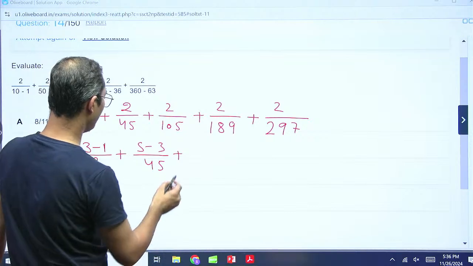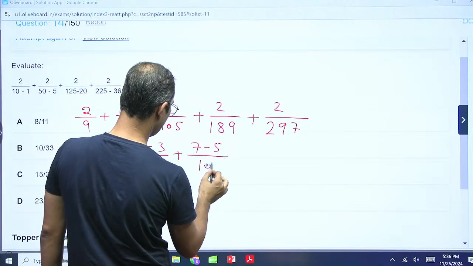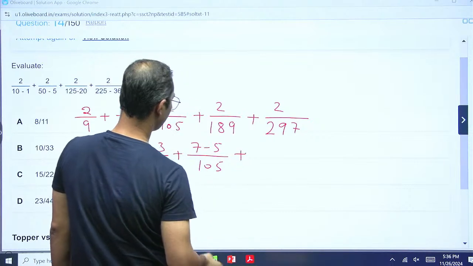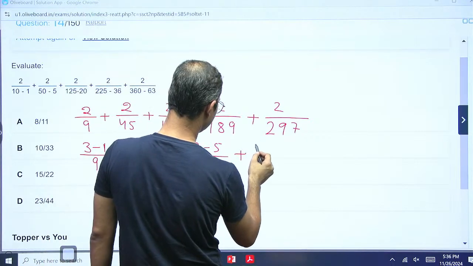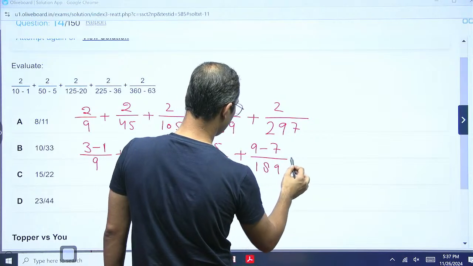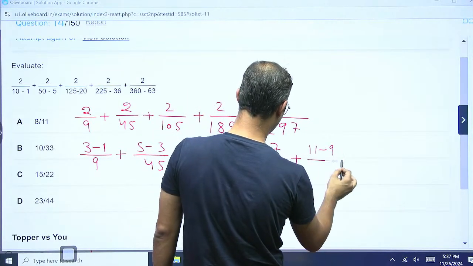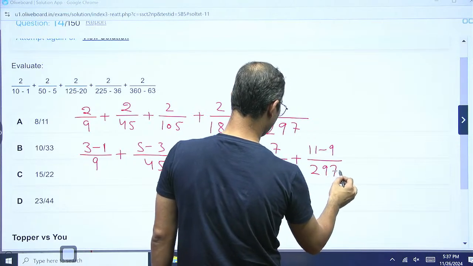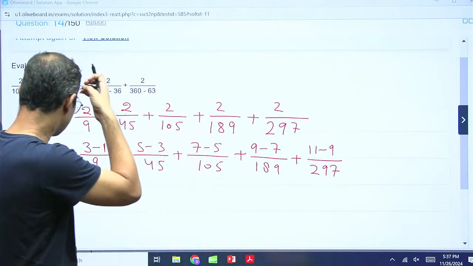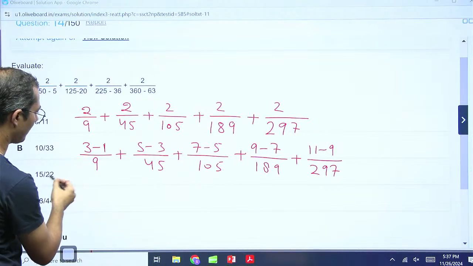Yes, so we can write it 7 minus 5, right? 105 plus, then we can write it 9 minus 7, 189, and here we can write it 11 minus 9 upon 297, right? So we can break, we can take 3 by 9, right?